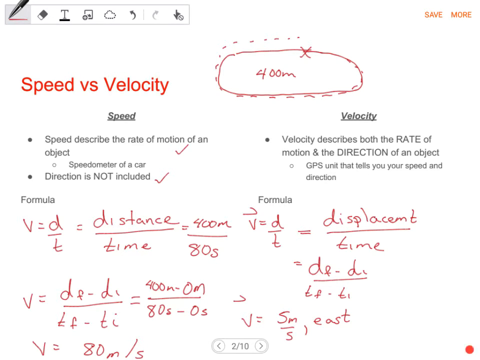So now it's like, well, what the heck? What's different here? Because the formula looks just about the same for velocity. Velocity describes both the rate of motion and direction. So when you have velocity, you're going to have a quantity or a magnitude and a direction. Now, I want you to notice that the d is different.